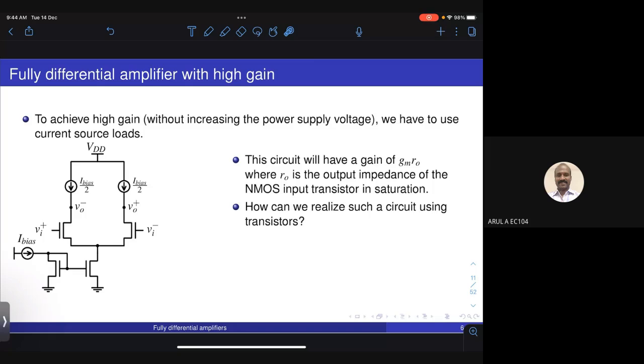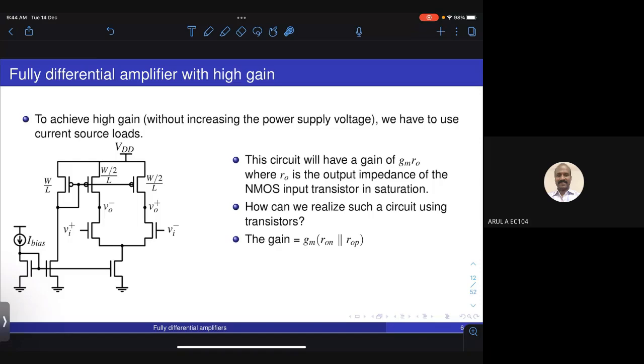We can use a similar current mirror arrangement to generate the current sources of values I bias by 2 and I bias by 2 at the top. So that is what is shown here. We take this reference current I bias, mirror it once to generate the tail current in this branch, and use another mirror to generate another copy of this current, which will be flowing through this. So this current will also be I bias.